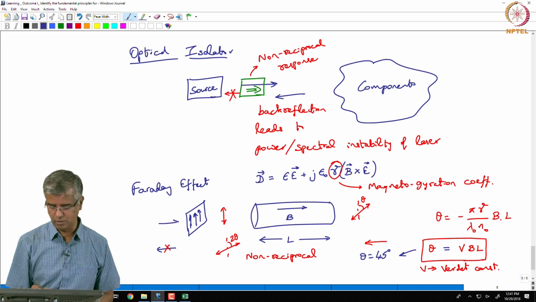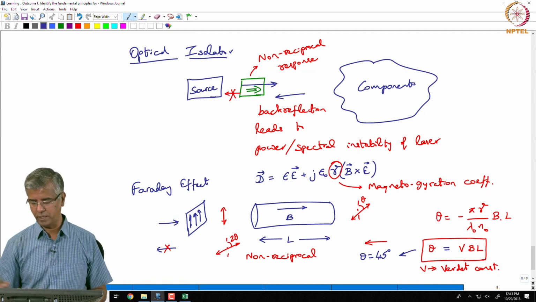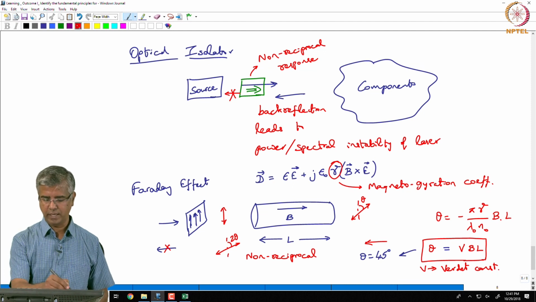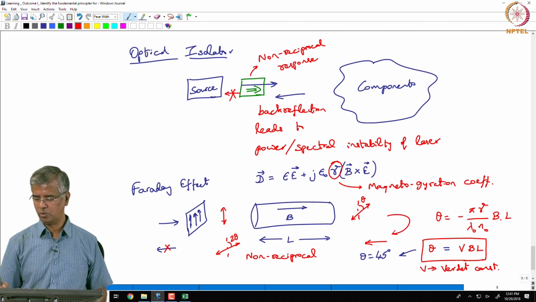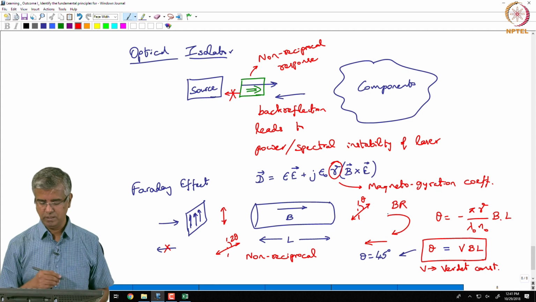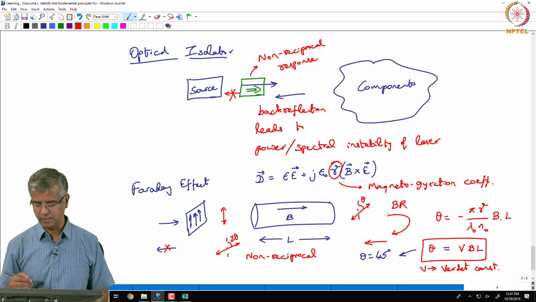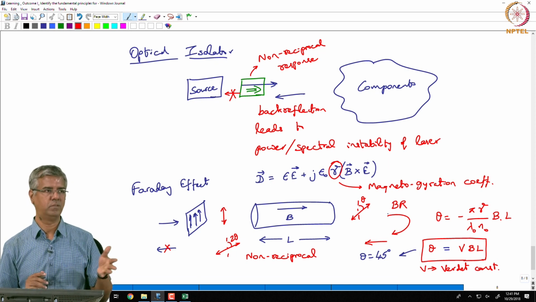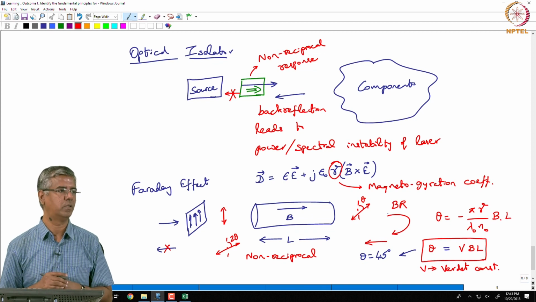Okay. So, you had light going this way, go through that material, go through theta equals 45 degrees and go through any back reflection, right. But that back reflection while going back would have been rotated such that 2 theta is 90 degrees, and then it is going across this polarizer, which would have blocked that orthogonal polarization.